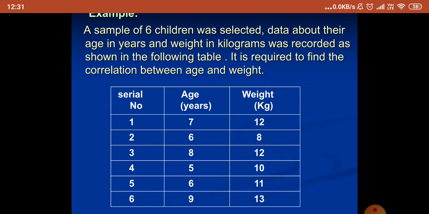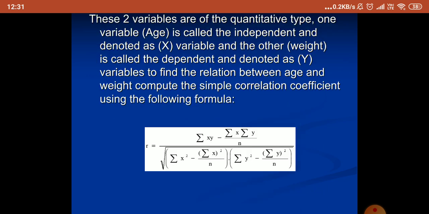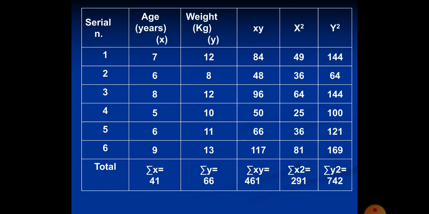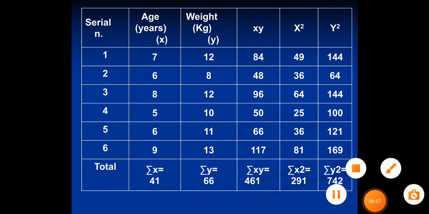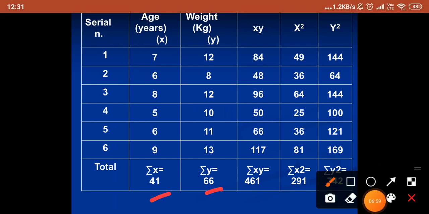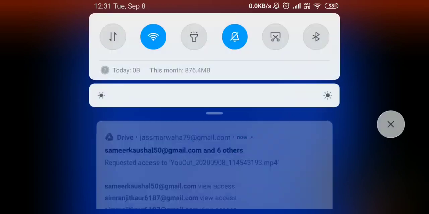In this way you will have all the values that are mentioned in the formula, right? Like in this case you can see, okay, here it is sigma x, sigma y, sigma xy. When you multiply x into y, like 7 into 12, 84, 6 into 8, 48 and so on, we multiply the variables x and y and create a new column xy. Similarly create a new column.